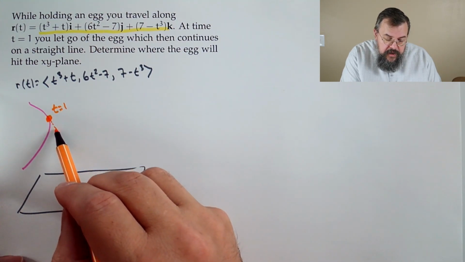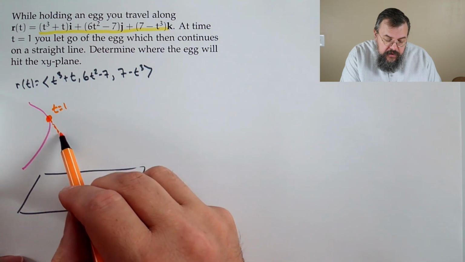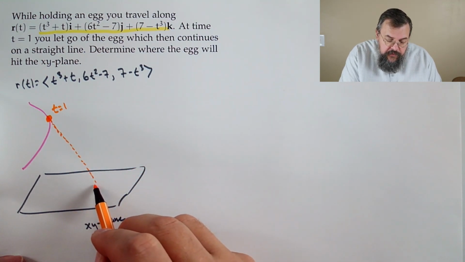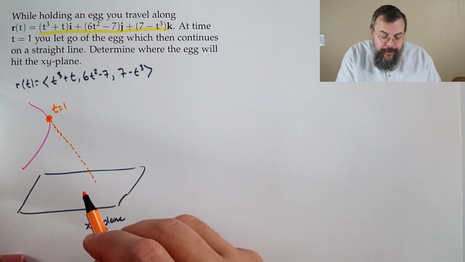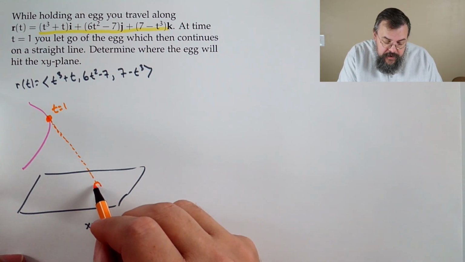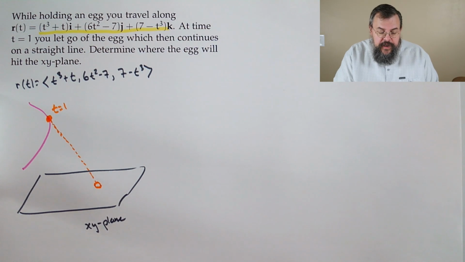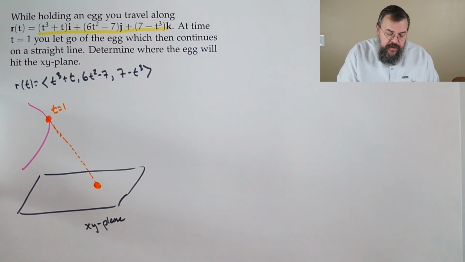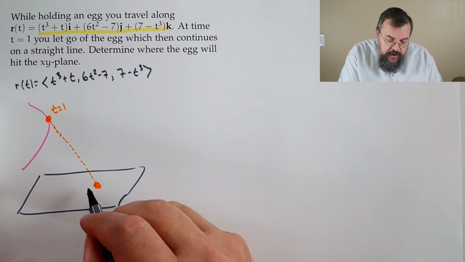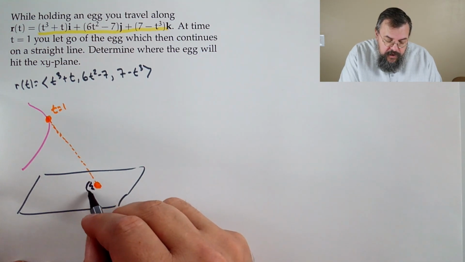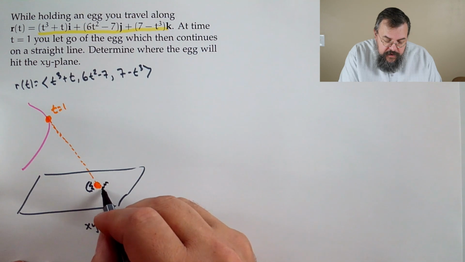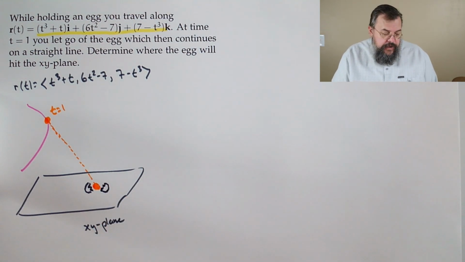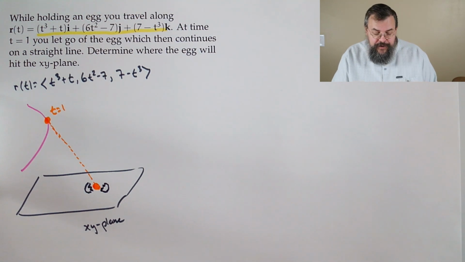And what will happen is that it'll continue in a straight line until we hit. Now, once you hit the xy plane, of course, you're going to have a bit of a yolky mess. It's going to break open, but that's okay. We don't mind. That's not really part of our problem. We don't have to reassemble our egg. We'll leave that for other people to do.